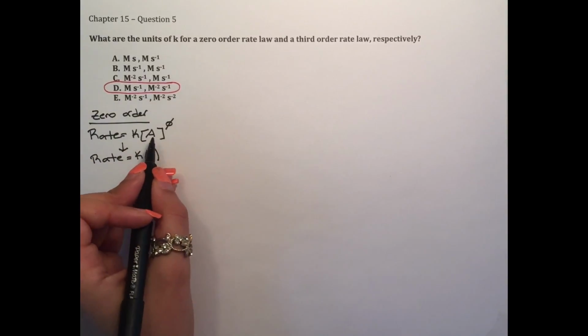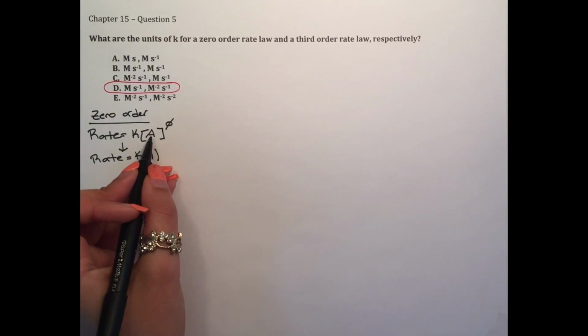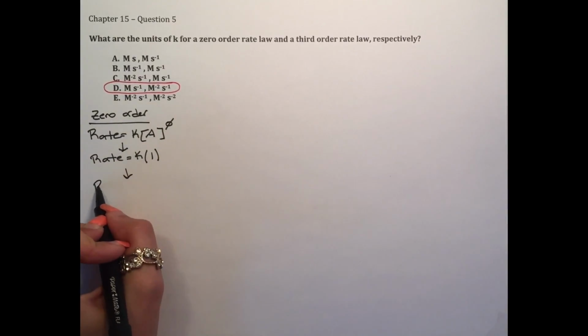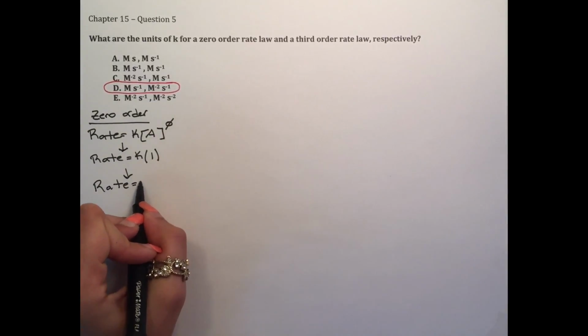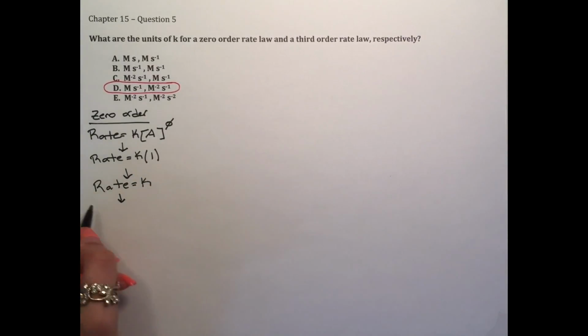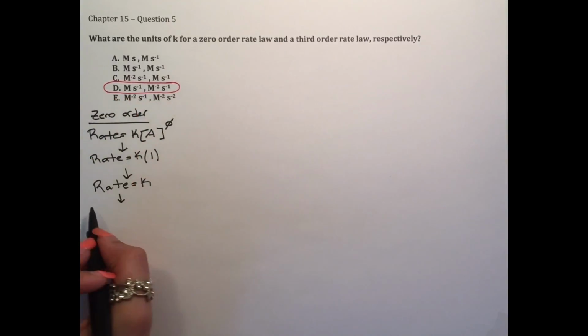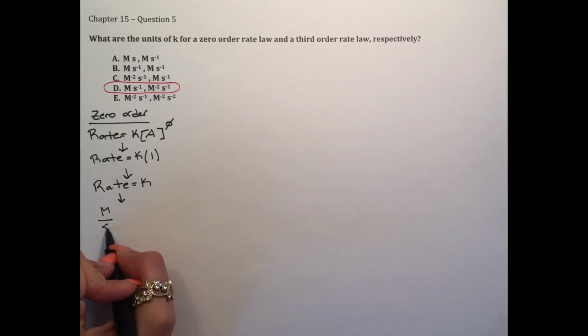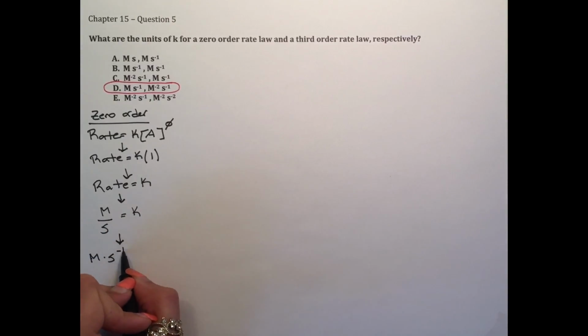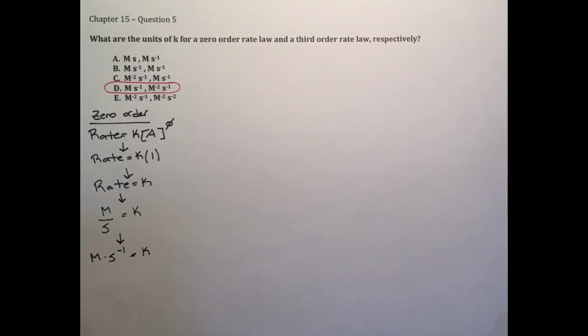And the reason that this A to the 0 becomes a 1 is because anything raised to the 0 power is a 1, which means that rate is equal to K. And we know, since our units for rate are molar and seconds, that rate is going to be molar over seconds, and that is equal to K. And we can rewrite this by saying molar times seconds to the negative 1 equals K.